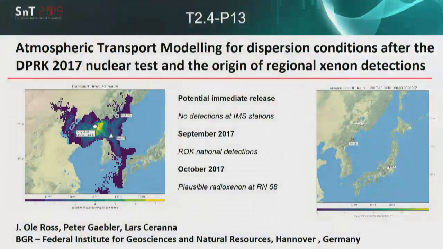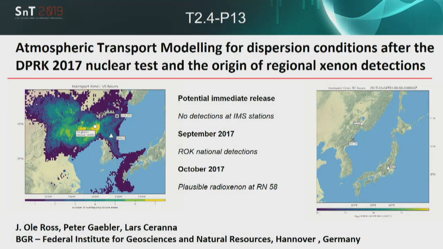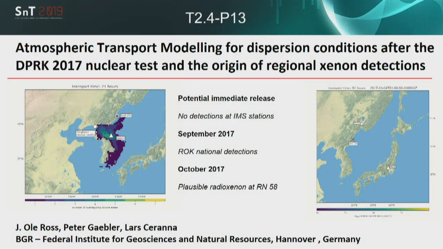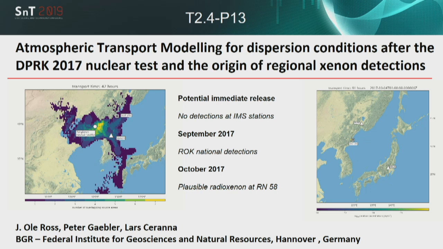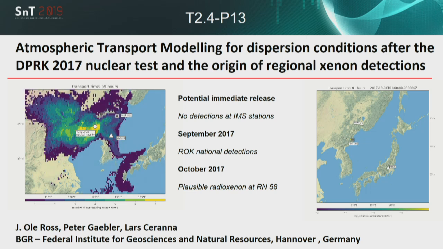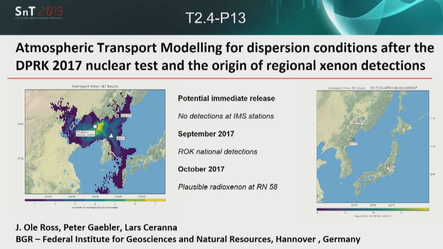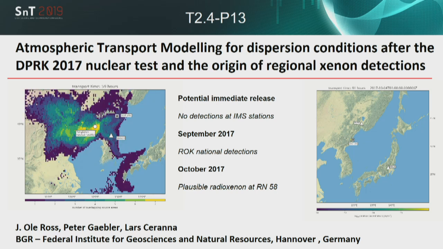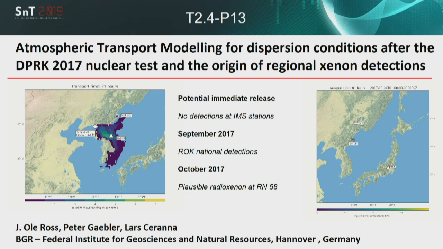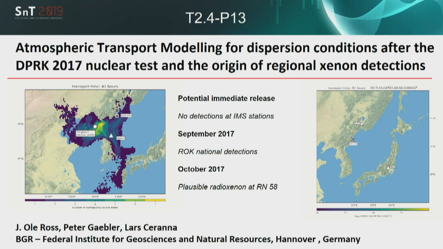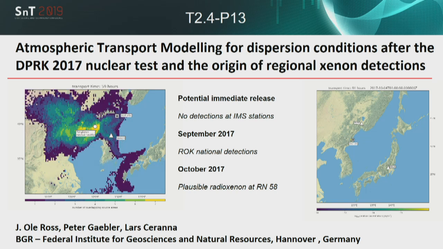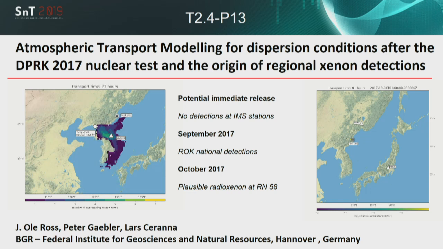Then mid-September, there were some detections reported of national measurements from South Korea, which were in the media attributed to the test, but our backward simulation shows that it was rather from the Yongbyon area, not from the nuclear test site. And later on, there were those Xenon-133 detections at Ussuriysk, which Martin also cited in the talk before.